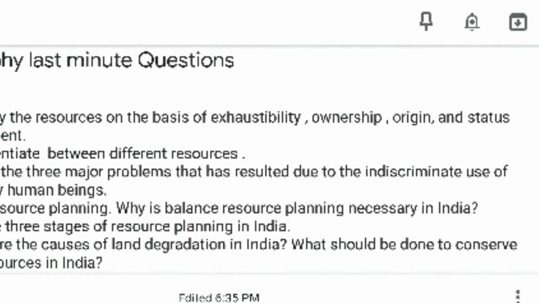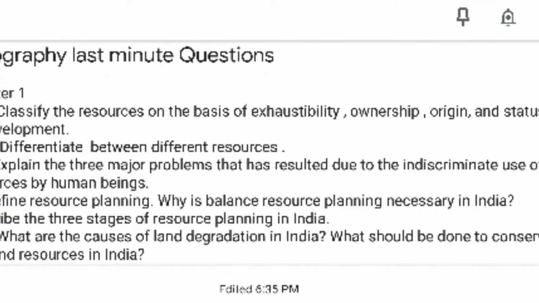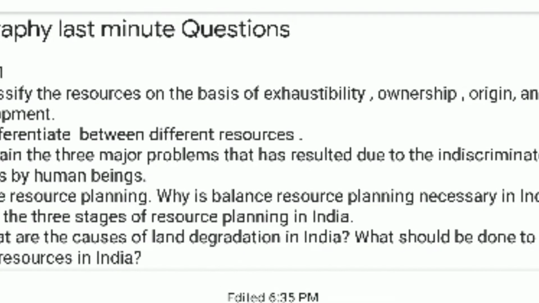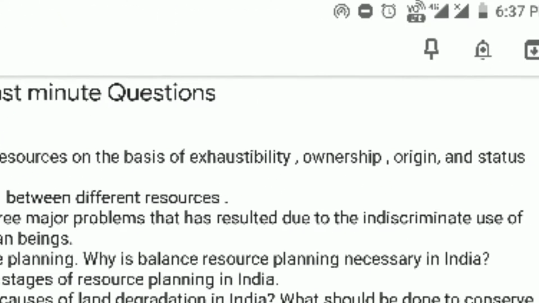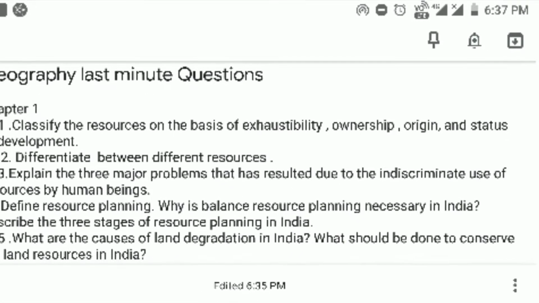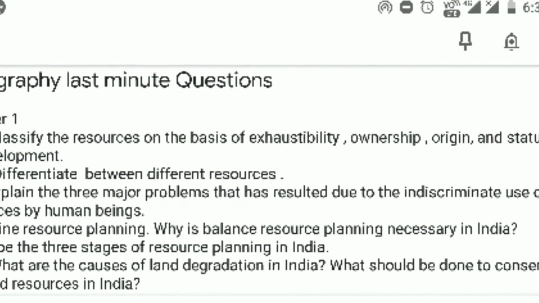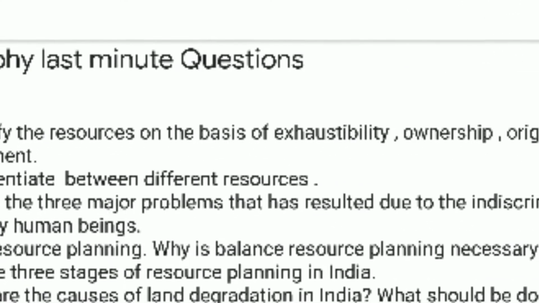It is said that resources are degraded or problems are created due to indiscriminate use of resources by human beings. So you also prepare this topic: what are the human activities responsible for land degradation?